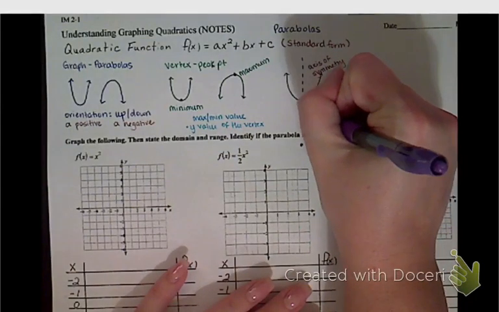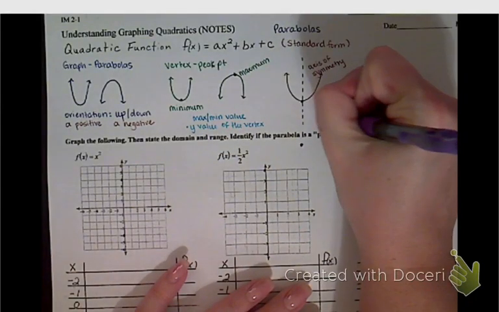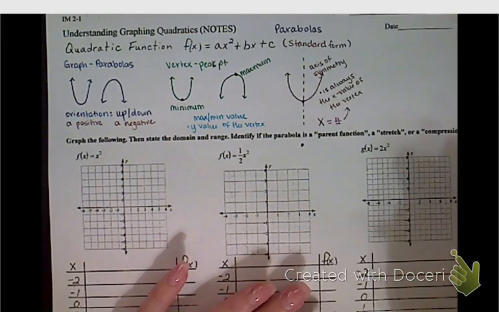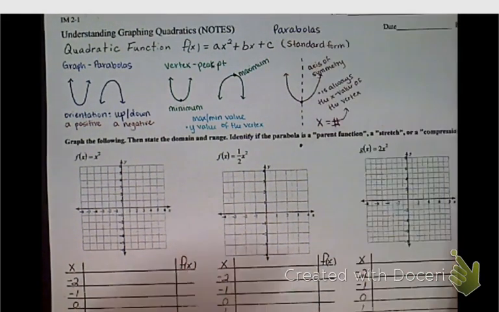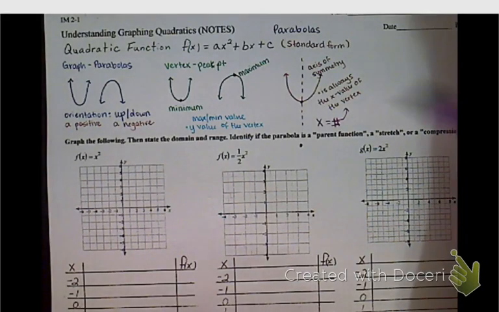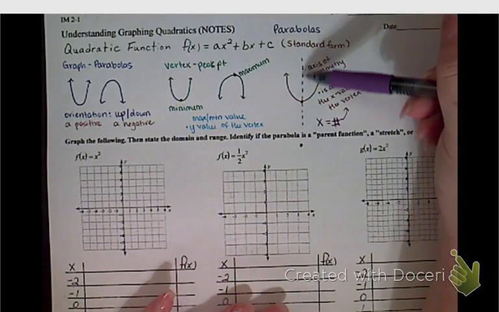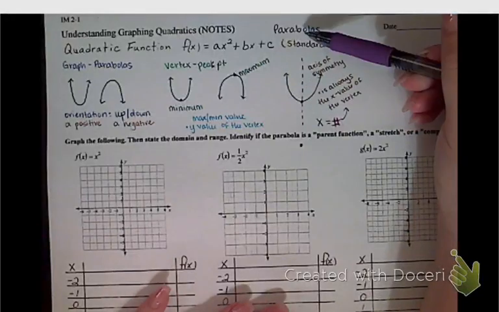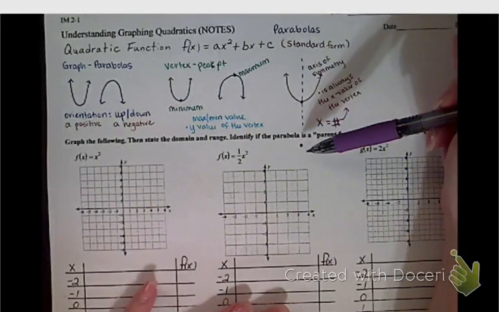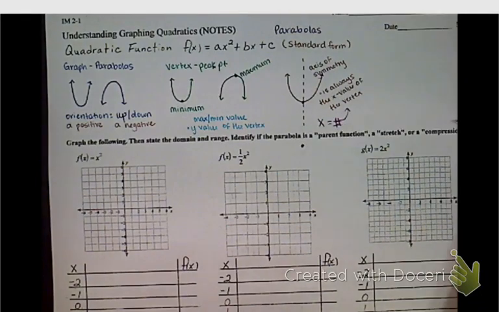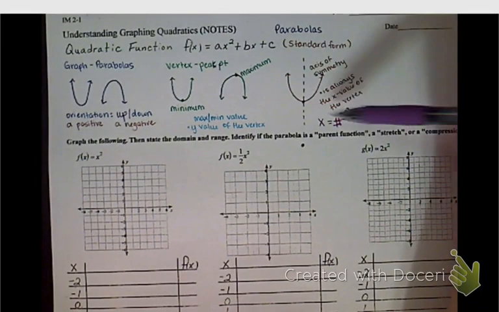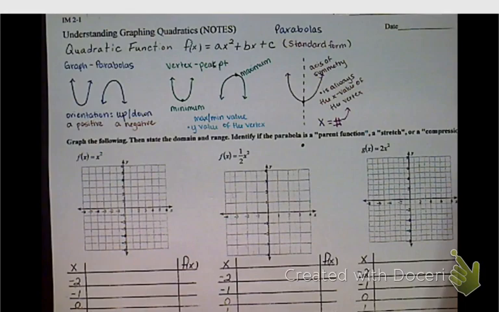It's always going to be x equals whatever number that is. Whatever number the x value of the vertex is, that's going to be your axis of symmetry. Now, you'll notice that this is a line, and this line is vertical. So if you remember from IM1 when you were graphing vertical lines, it was always x equaled a specific number. And in this case, it's going to be the x value of our vertex.